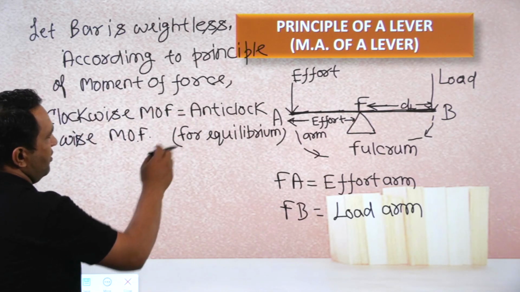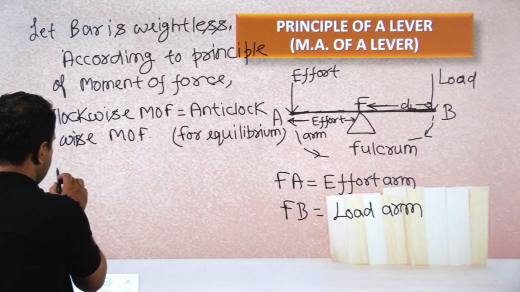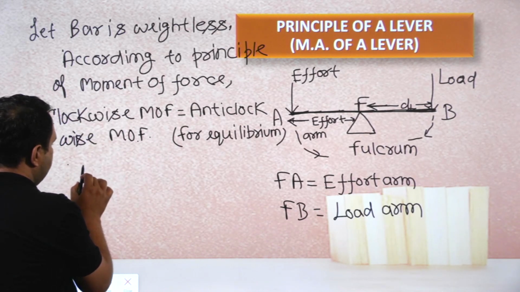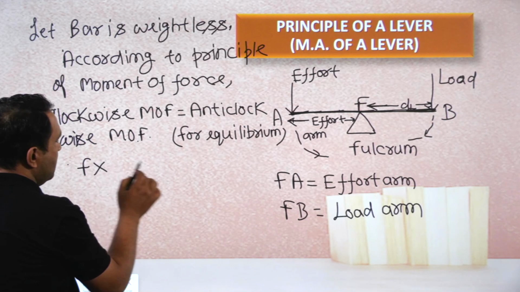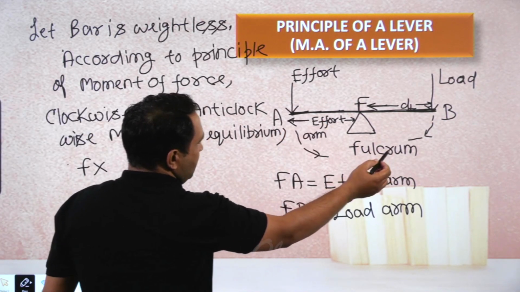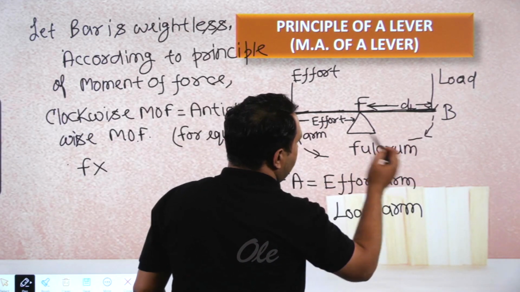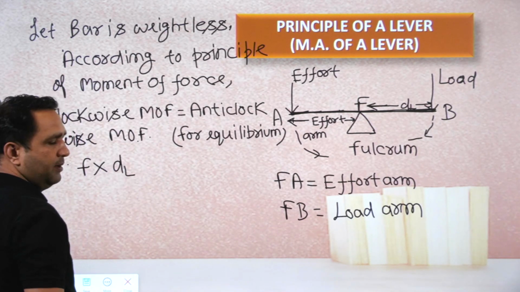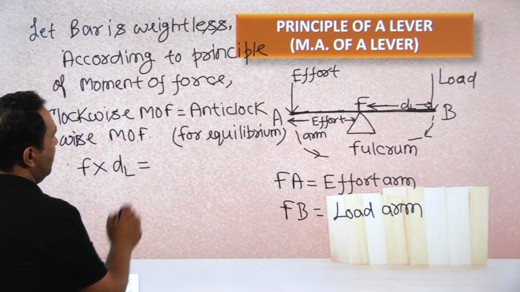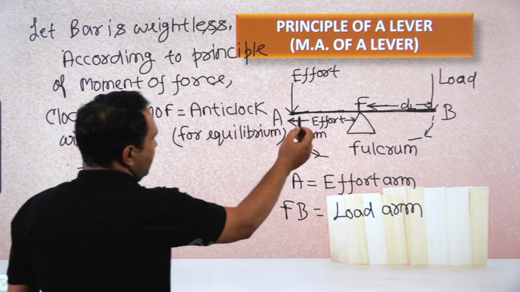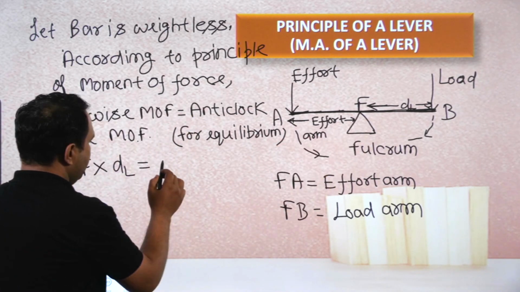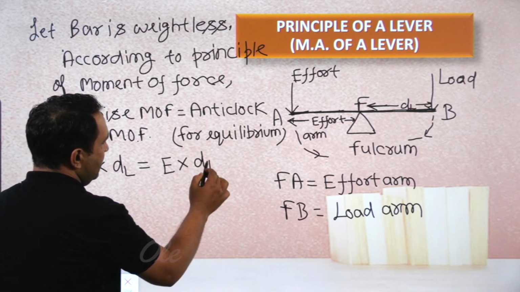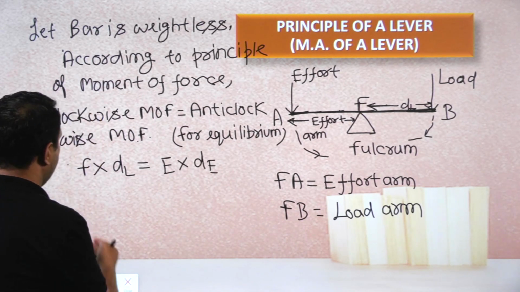So what will be the clockwise moment of force? The clockwise moment of force will be equal to force multiplied by perpendicular distance. Which one is doing the clockwise moment of force? This load. So force into dL, right? And the anti-clockwise moment of force, this effort is doing. So it will be equal to effort into dE, and here the force is the load.